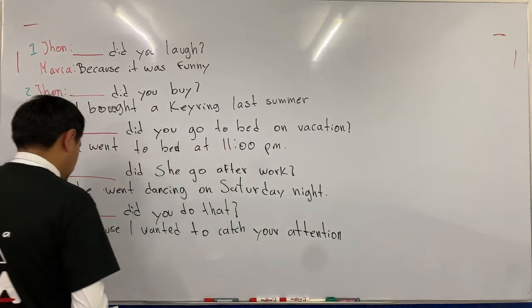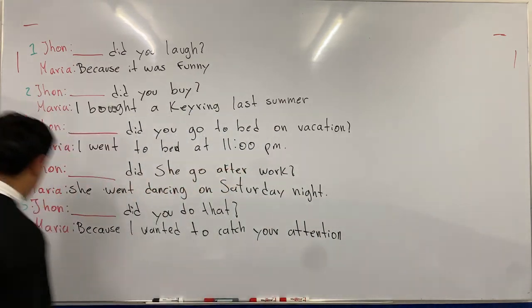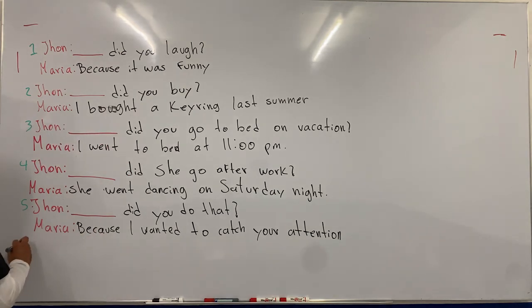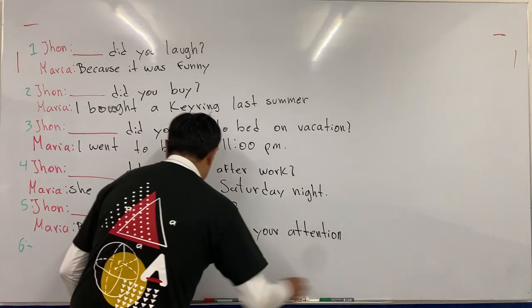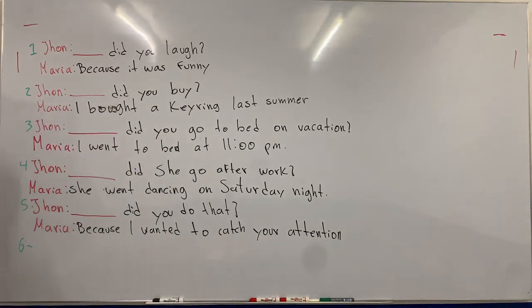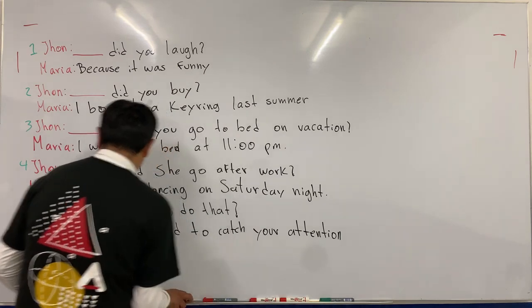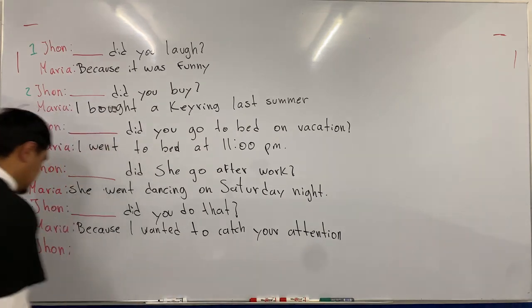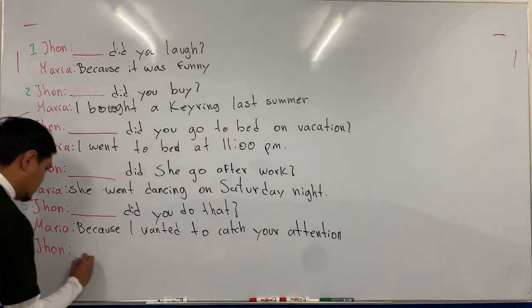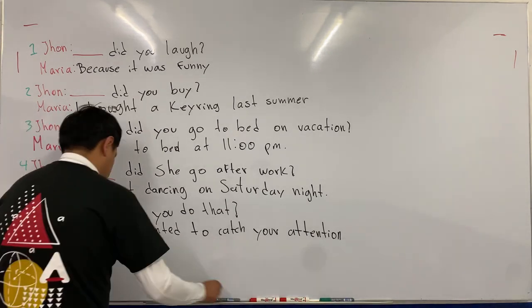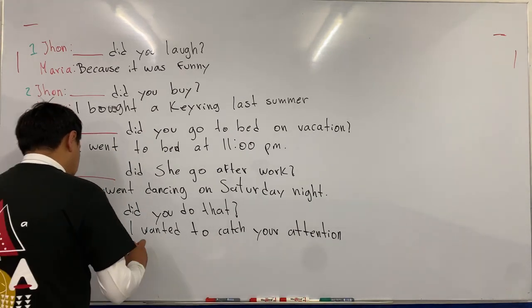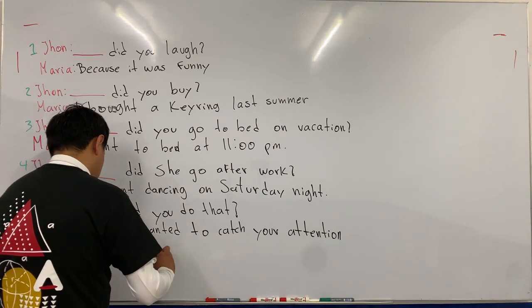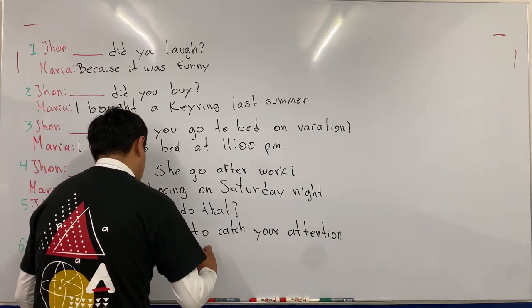And the last, exercise 6. Check this. Another one. Again, John says, blank. Did she pay?